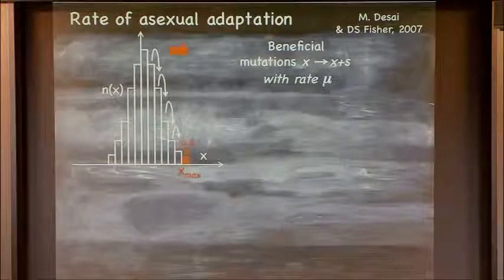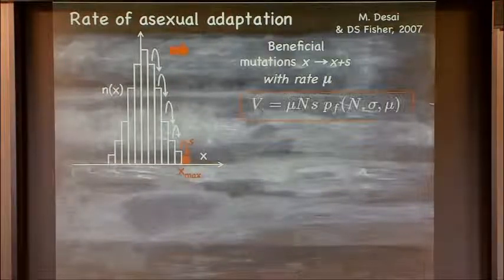And so the new fitness territory will basically be colonized by mutated offspring of the individuals in the nose of this distribution, in the top bin, that maximal fitness again, right? And in order to calculate the rate of adaptation, well, what we have to do is the following.